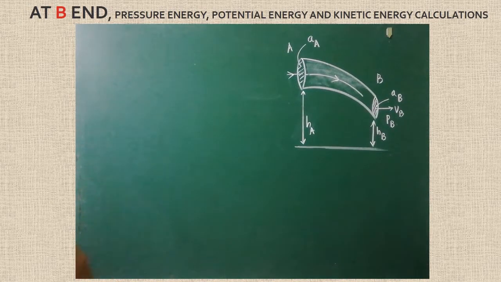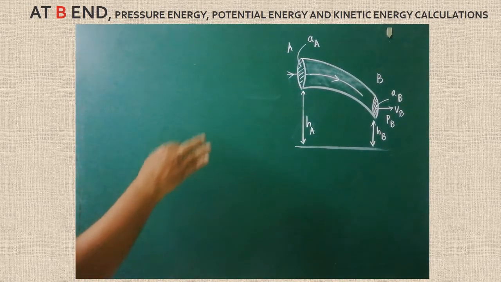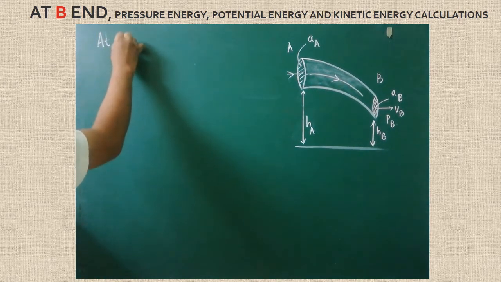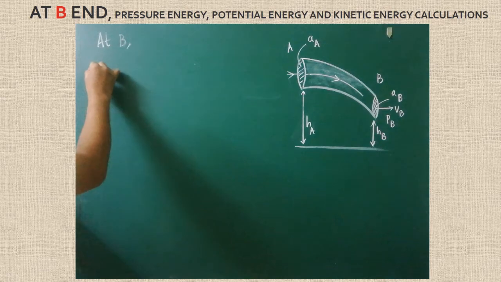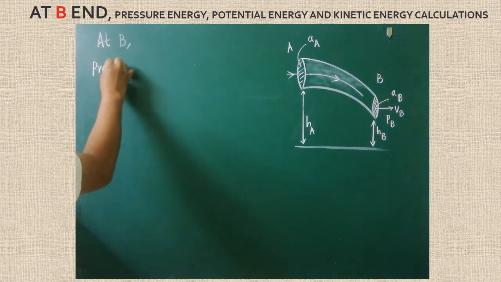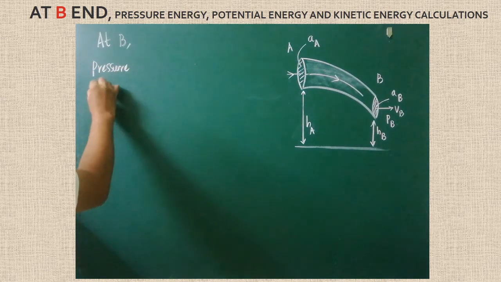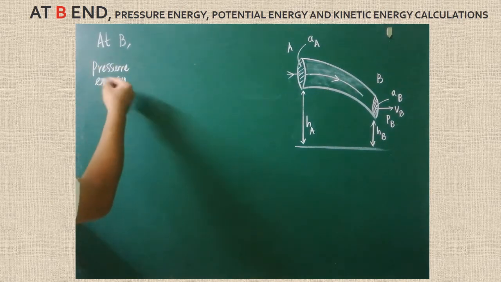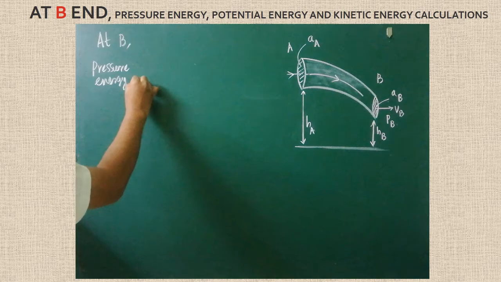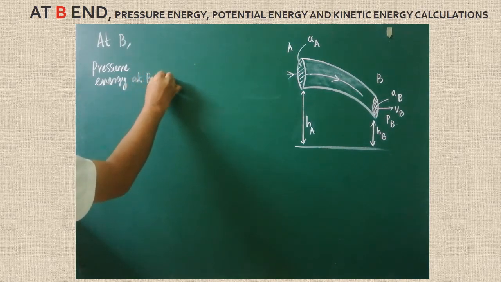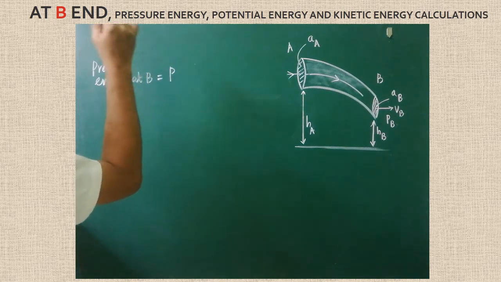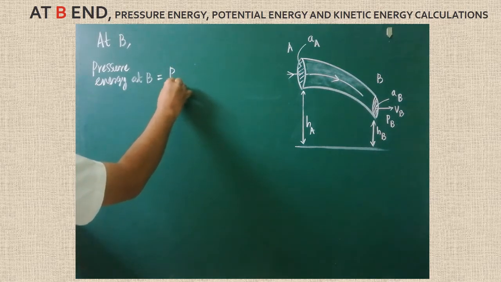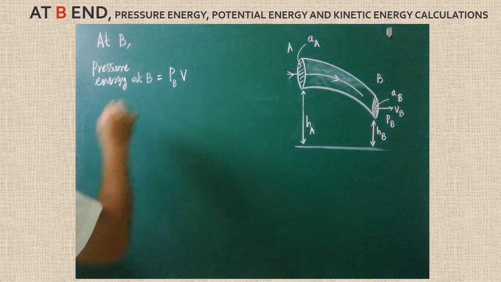Now we are going to calculate the same three kinds of energies at the end B. So at B, what is the pressure energy? Very simple. Already we have calculated all the expressions at the end A. Same kind of thing should be done. Pressure energy at B end is equal to, there we wrote PAV. Here what we should write? PB, pressure at B into V. That is the expression.